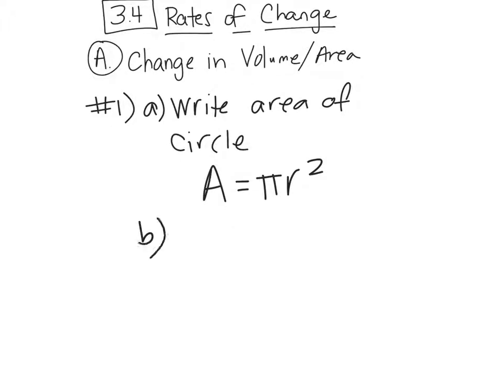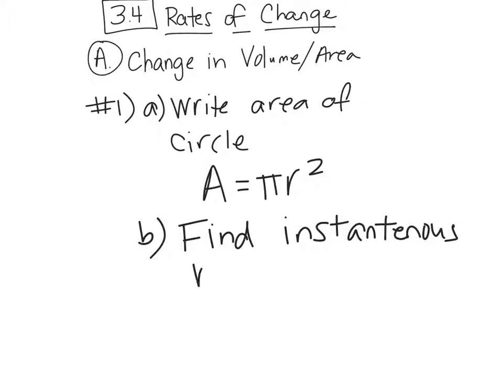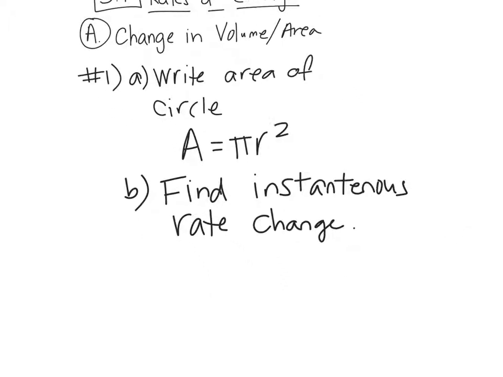All right, letter B. We are now going to find the instantaneous rate of change of the area with respect to its radius. Okay, that's kind of scary when you see that. It's a big word, and it's like, what does that mean? Just remember, you just take the derivative.